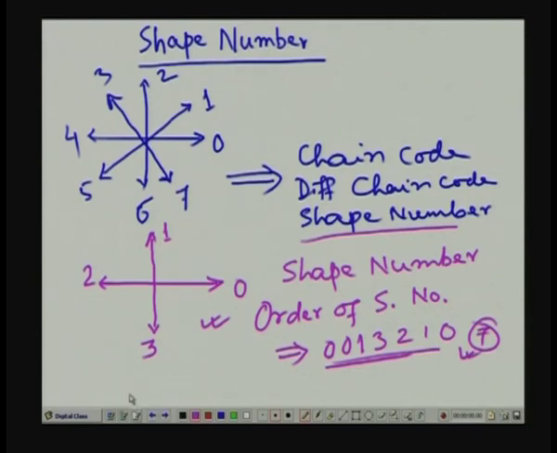Now, the problem is, if I want to use the shape number as a descriptor, and this shape number is to be used for recognizing a particular object, or to say that a particular object is similar to one of the set of objects which are present in the knowledge base of the computer, then this shape number must be independent of the starting point.